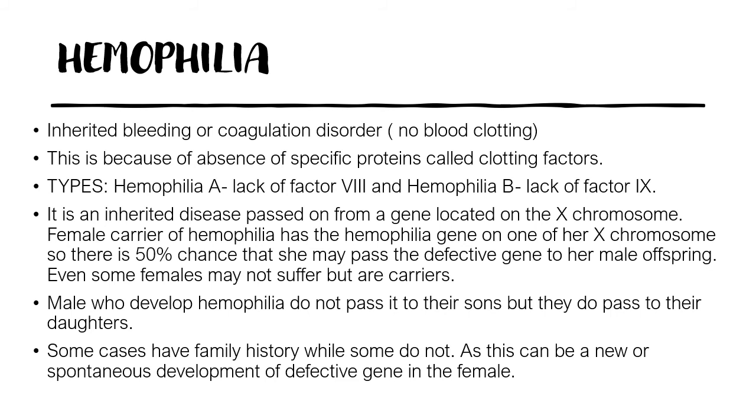A male who develops hemophilia does not pass it to his sons, but he does pass it to his daughters. In some cases family history is there, while in some cases family history is not there, as this can be a new or spontaneous development of defective genes in females. So this was about hemophilia.